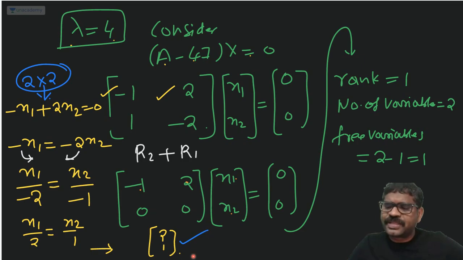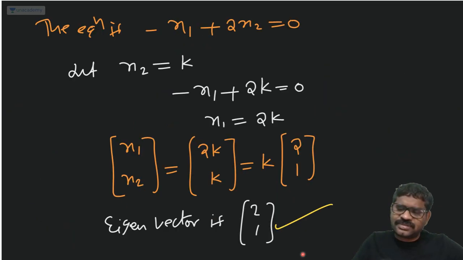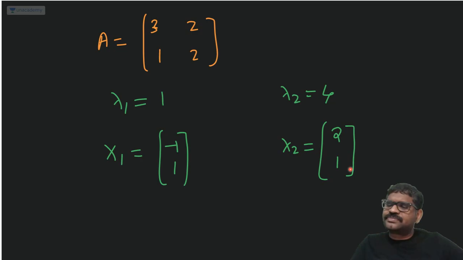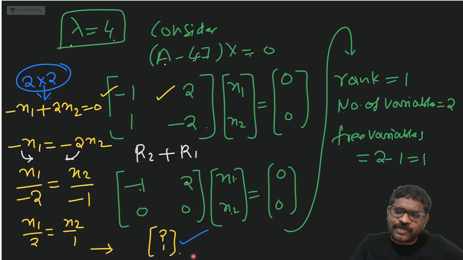Understood? No need to check rank. Directly write one equation. I have mentioned here the trick is applicable only for 2 cross 2.